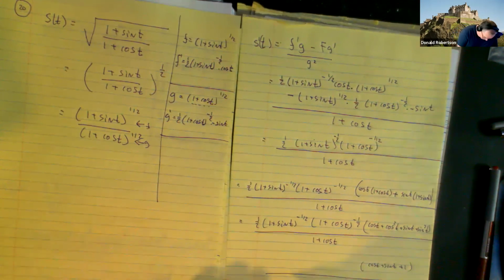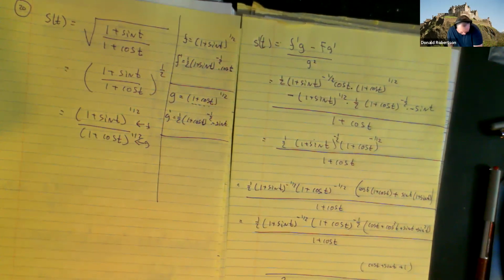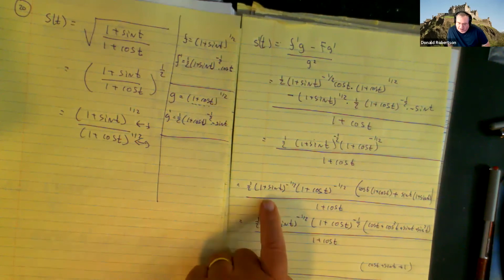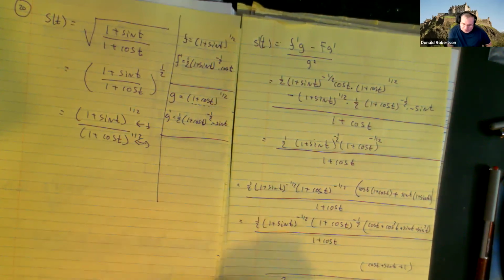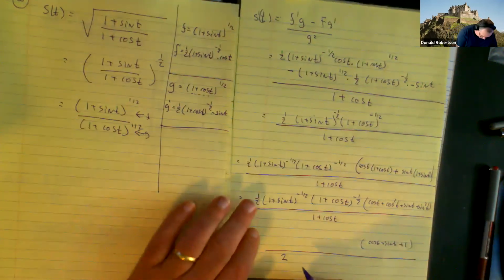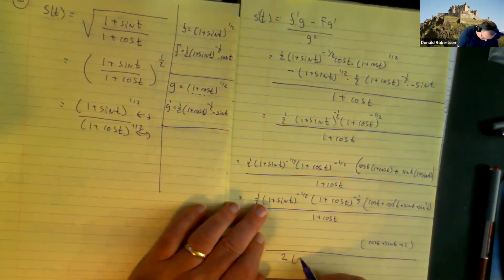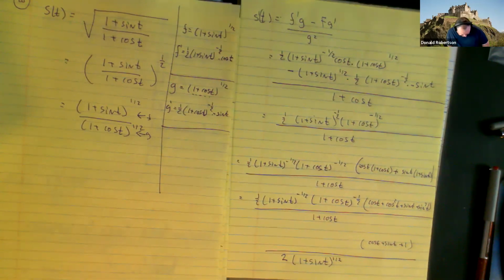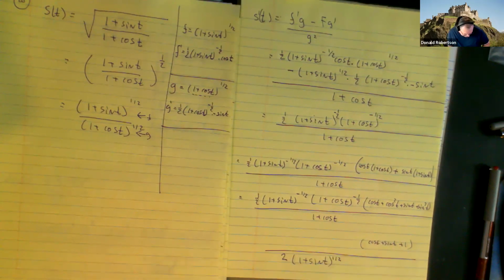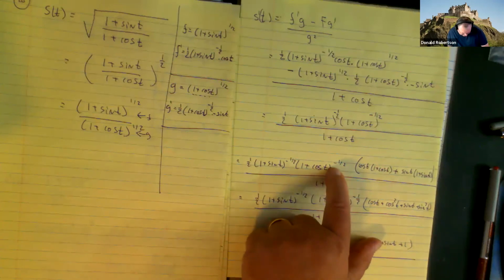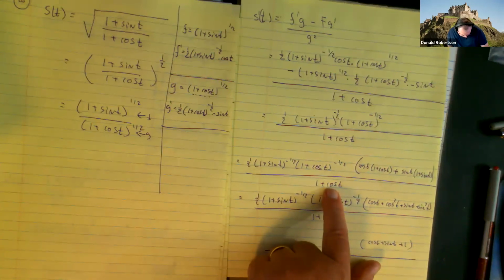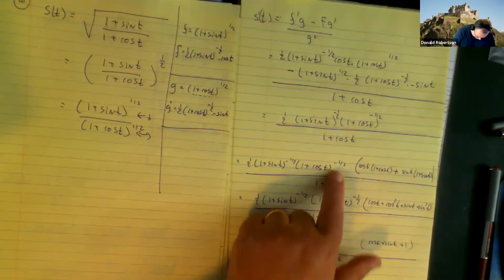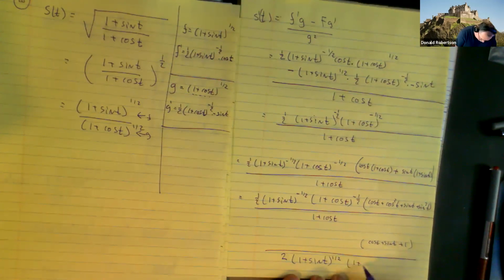Now, a half becomes a 2 on the bottom. Agreed? A negative power on the top becomes the same thing, but positive on the bottom. So that 1 plus sine t to the negative a half becomes 1 plus sine t to the positive a half. And I don't know why that's there, it should be further over now. This negative a half comes downstairs. Oh, there's already one of these. So you've got 1.5, which we will call 3/2.